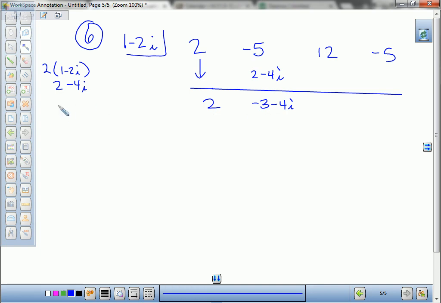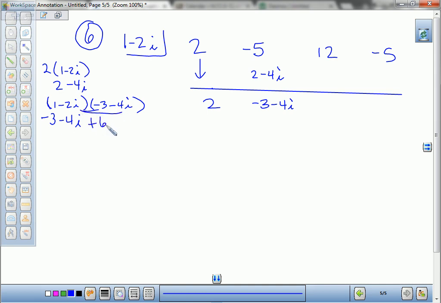Thank you. Alright, so now we're going to do 1 minus 2i times negative 3 minus 4i. So we have to distribute the 1 and then distribute the 2i.